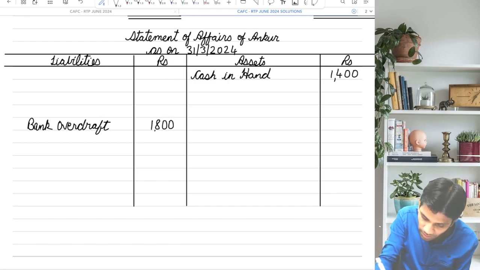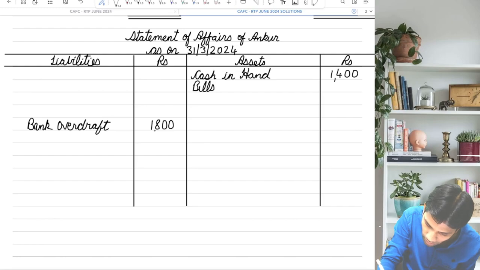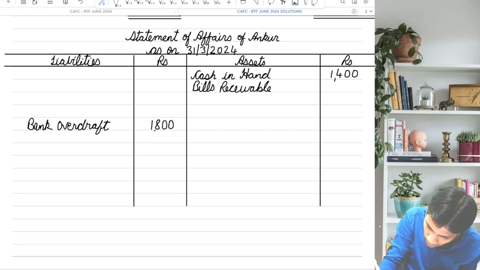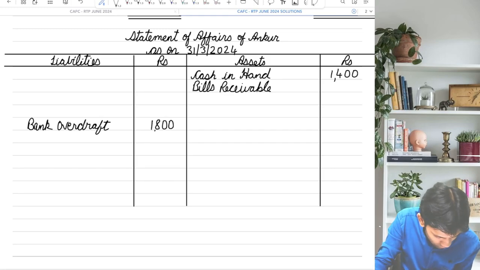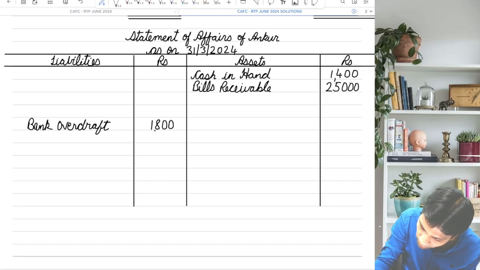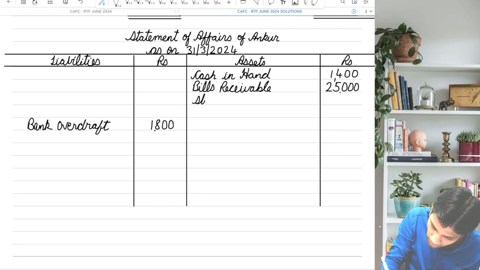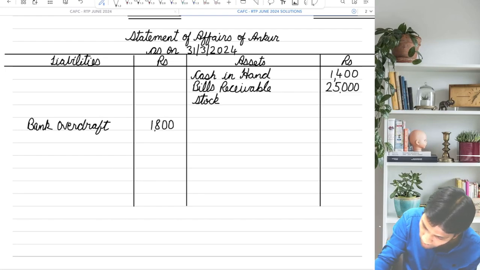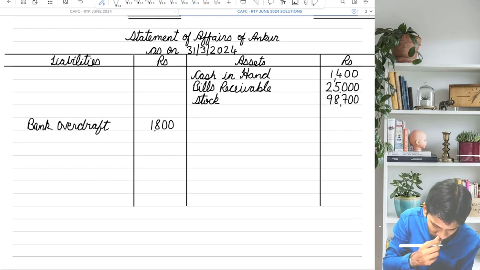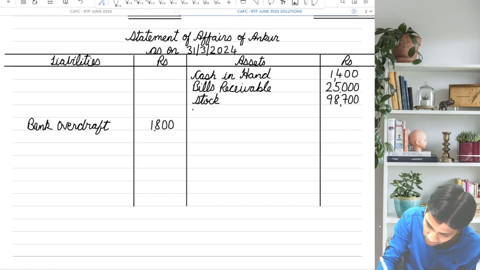We have bills receivable. How much? 45,000. We have stock of 98,700. We have debtors of 70,000.